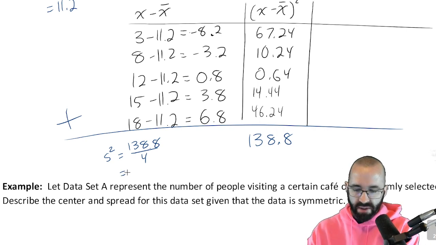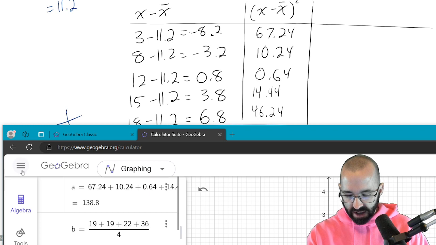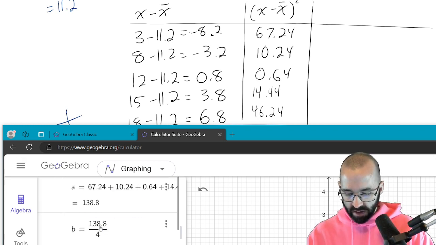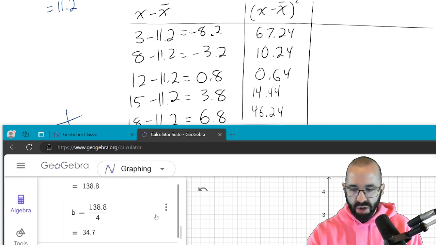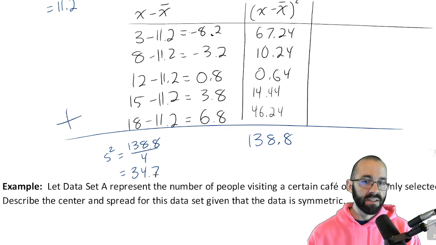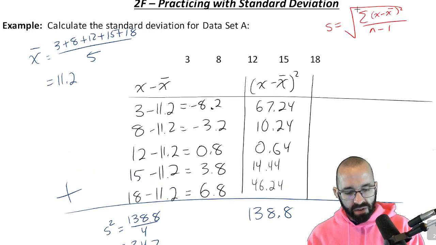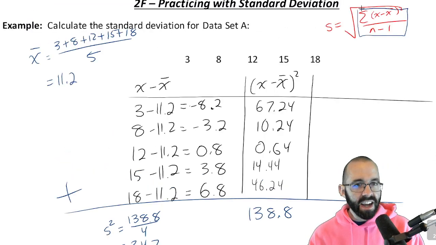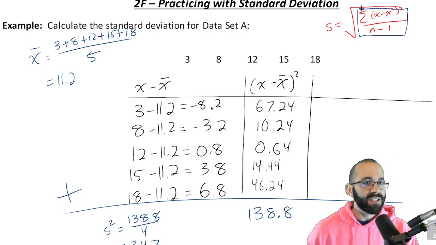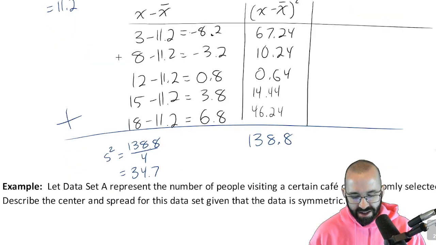This will be exact. 138.8 divided by 4 is 34.7. That's our variance. So now we've added up the squared deviations and divided by the degrees of freedom, n minus 1. All that's left to finish off this formula is to take that square root on the outside.